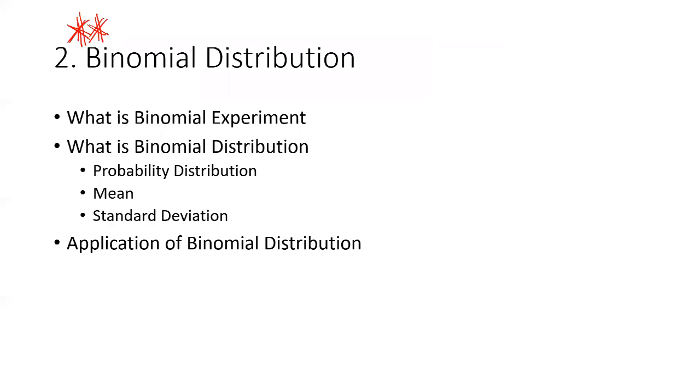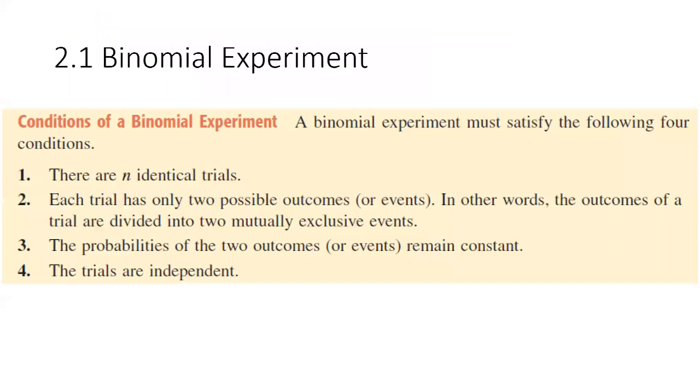For a binomial distribution, what is the probability distribution, and how to calculate its mean and standard deviation? Are there any simpler ways of calculating this? And there are also some applications of binomial distribution. Okay, following this outline, first, let's see what is binomial experiment.